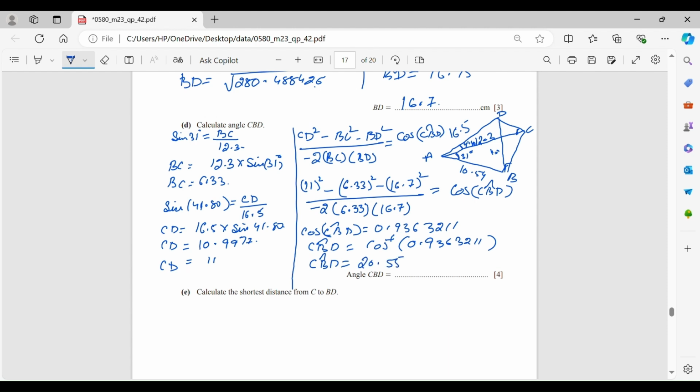So angle CBD will be equal to 20.6, right? Next, calculate the shortest distance from C to BD.